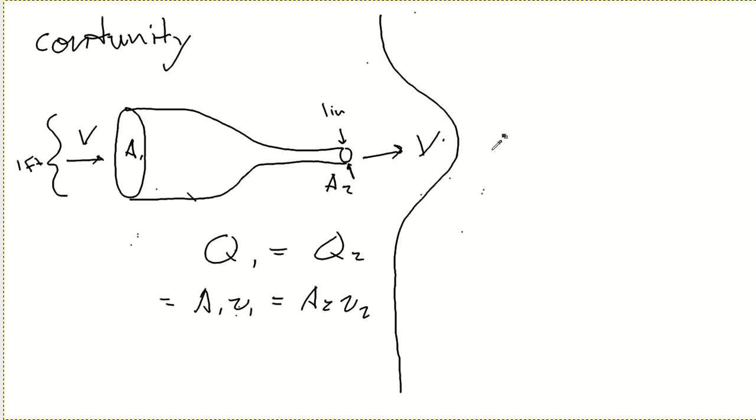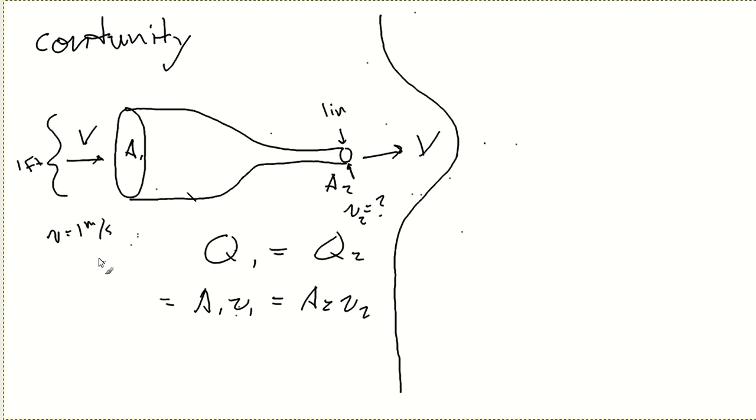Keep my 1 inch. And we have fluid coming in at some velocity of 1 meter per second. That is a lot of water. The question could be then, what is the velocity of the fluid coming out the other end of the pipe?